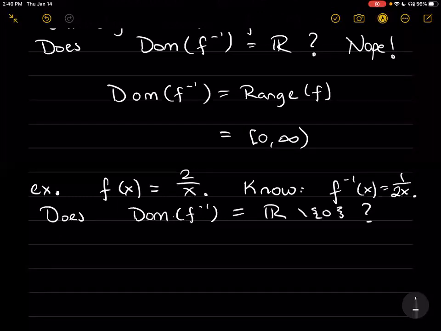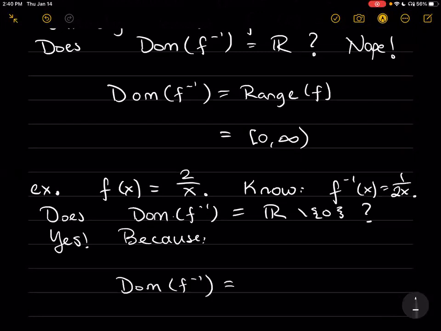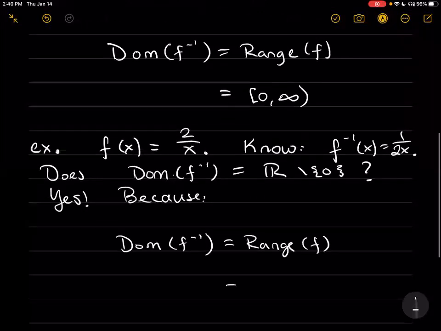And the answer to this is yes, because our rule says so. The domain of f inverse is the range of f. And in this case, f is 2 over x.